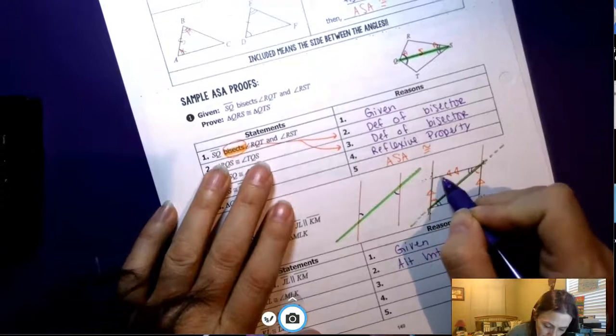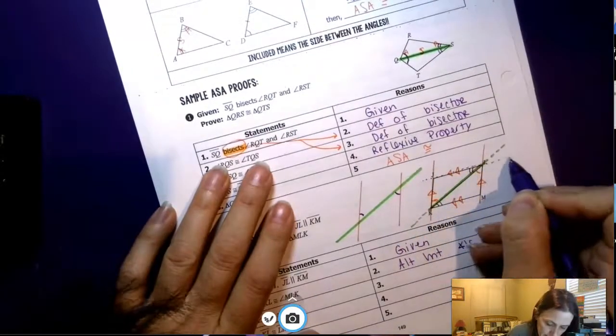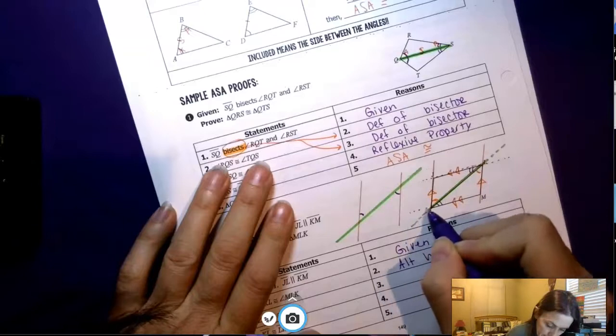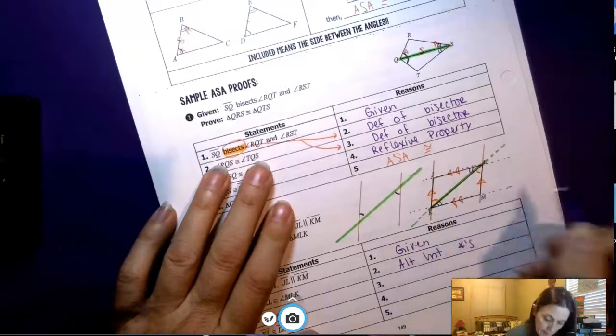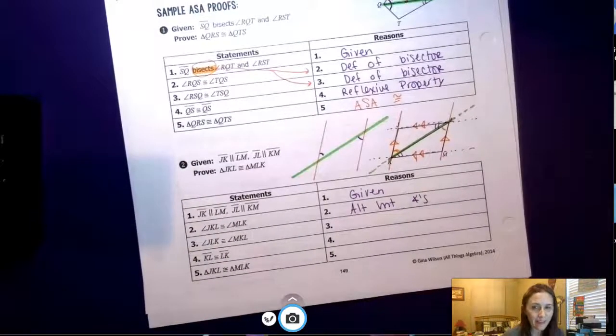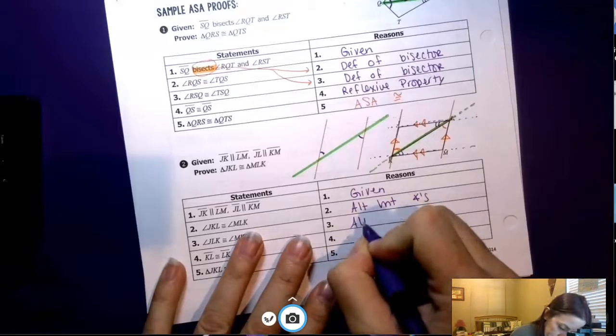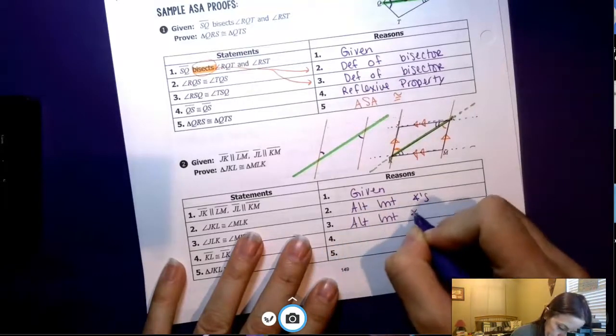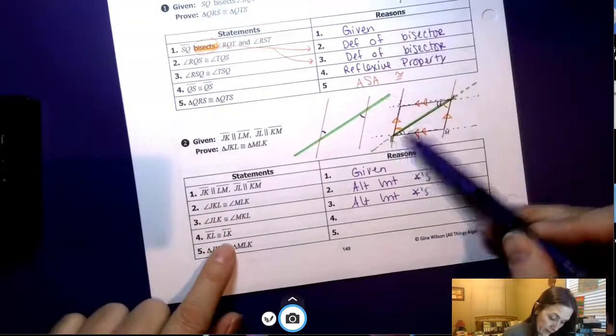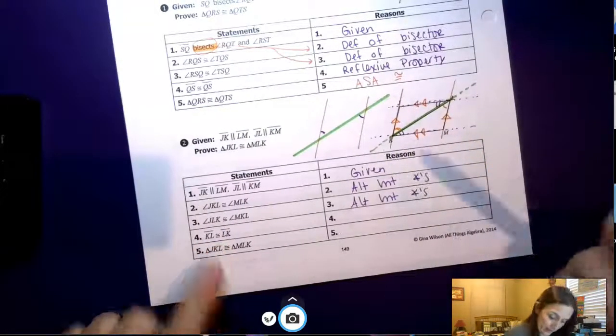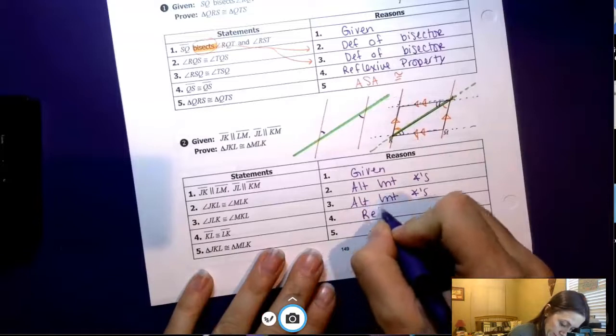Now this is similar. This is if I had extended these lines and cut the transversal this way, so I can see those other ones. So extending the lines helps me see that. Again, those are alternate interior angles. Well, KL is equal to LK because it is the same exact line. This is reflexive again.